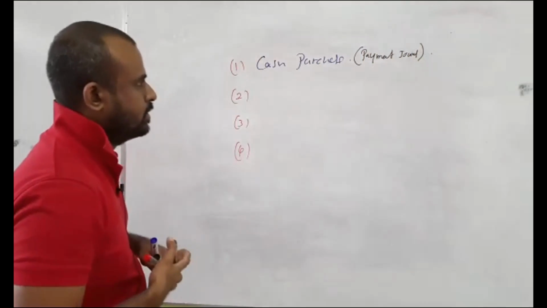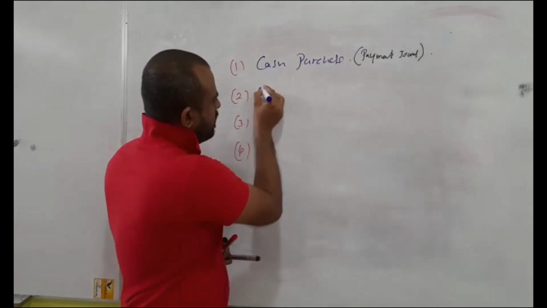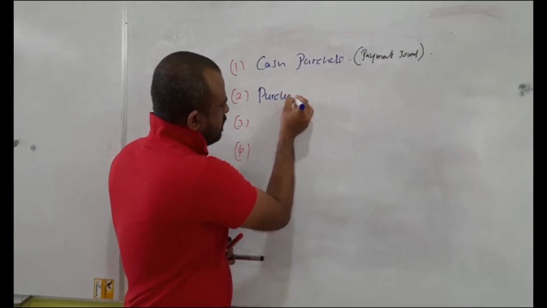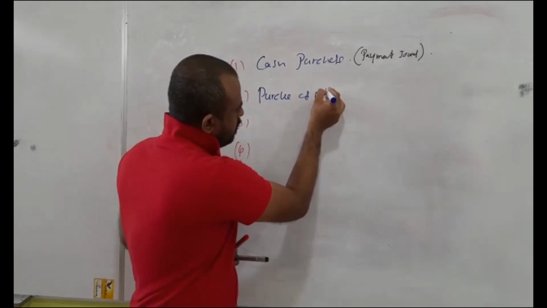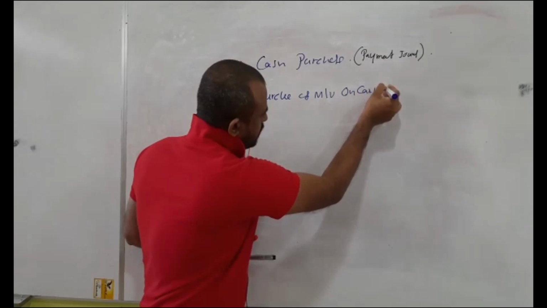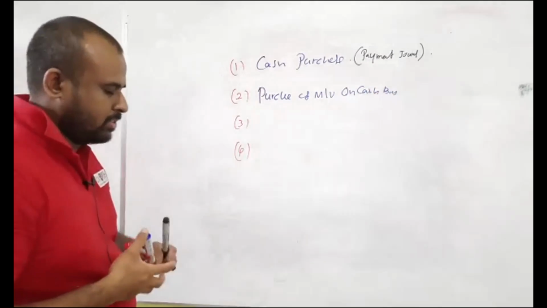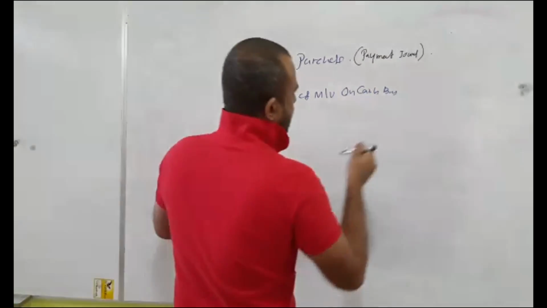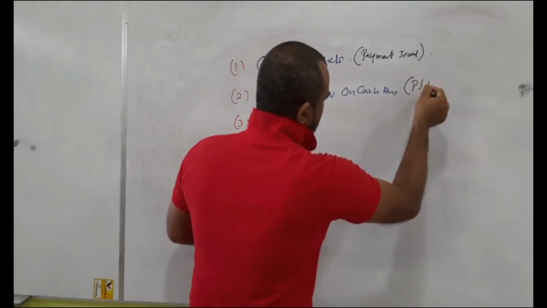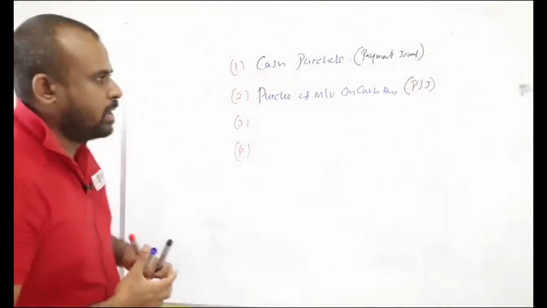Next, purchase of motor vehicle on cash basis. Where will that be recorded? In the payment journal. That also will be recorded in the payment journal.